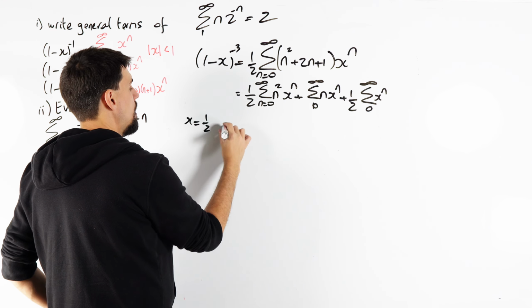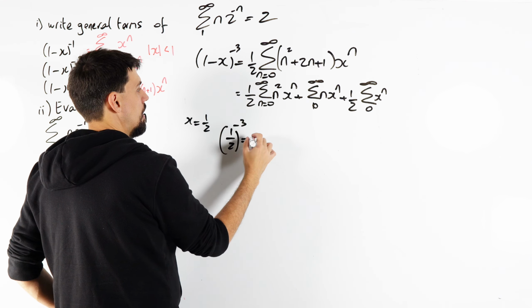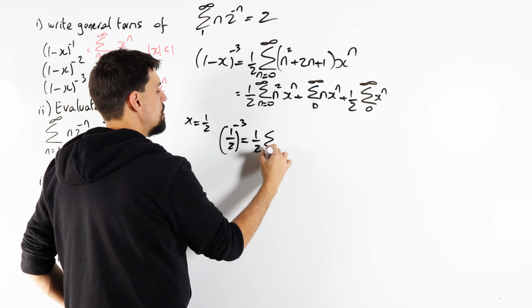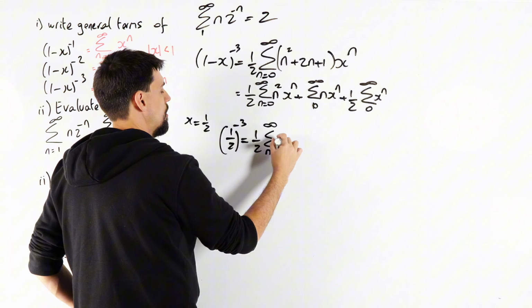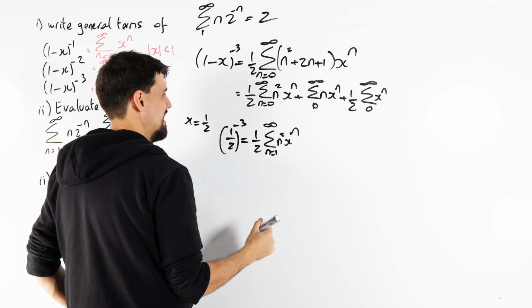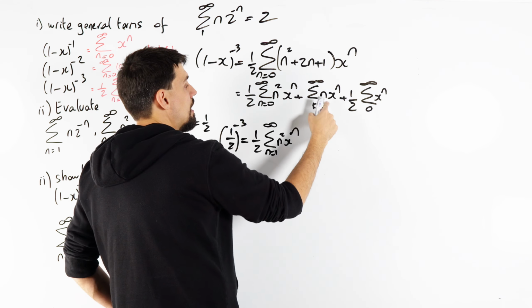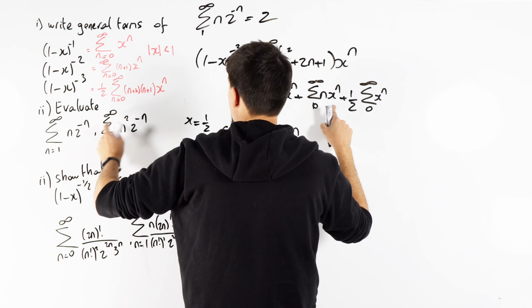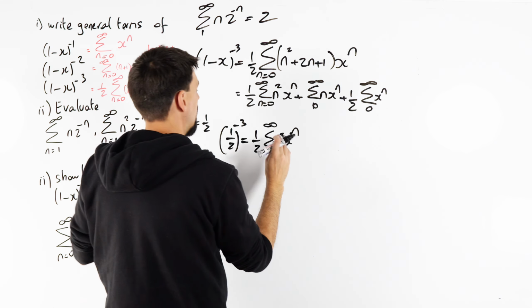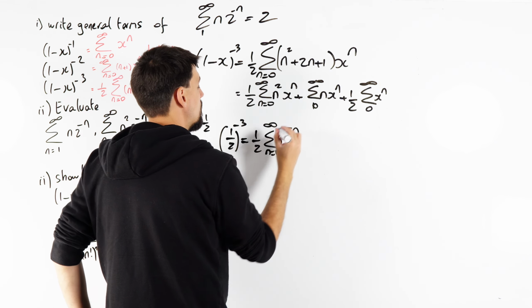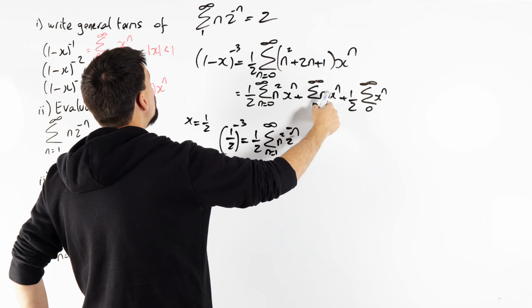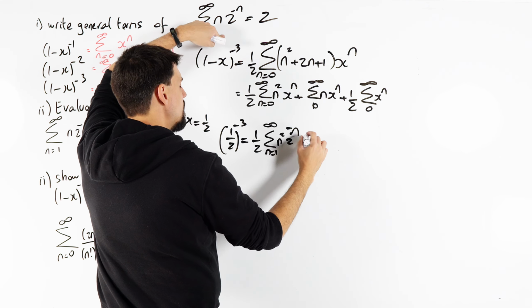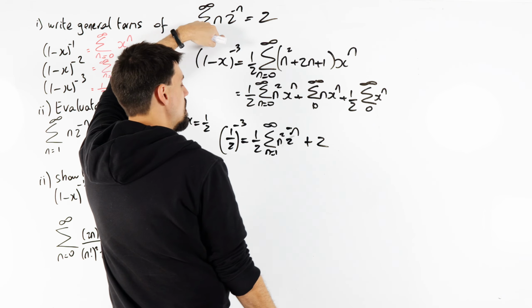So I end up with 1/2 to the power of minus 3. I'm just going to nip out that 0th term because it's just 0. Again, here the 0th term is not needed, but it's just the sum of n x to the n, n 2 to the minus n, which you already figured out is 2, so that's nice.